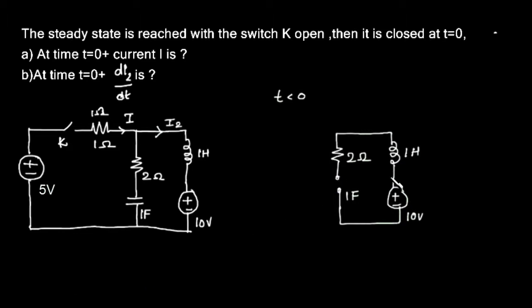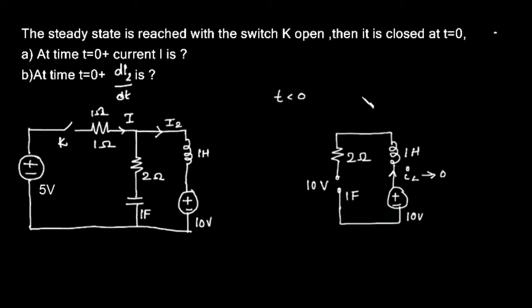What will be the current here? This current will be 0 at steady state. What will be the potential here? We have the entire 10 volts appearing across this open circuit because there is no drop, as there is no current flow through 2 ohm or 1 Henry.